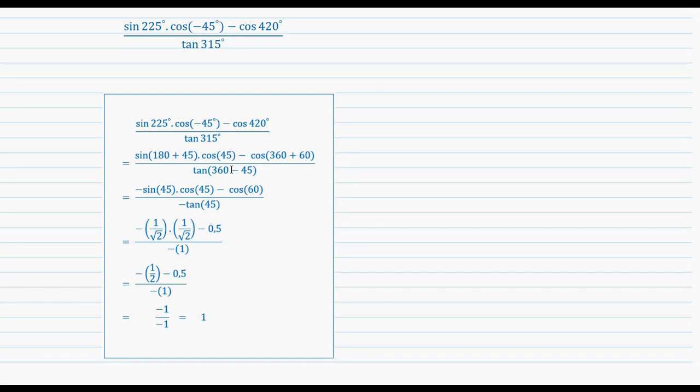So how you would know which one is closer to is by seeing whether the number is above or below the halfway point. The halfway point between 180 and 360 is 270 degrees. So if the number is less than 270 degrees, then you rewrite it in terms of 180. And if the number is greater than 270 degrees, it means it's closer to 360, and you should rewrite it in terms of 360 degrees. So since 315 is greater than 270, that's what we did in this case. And I rewrote it in terms of 360 degrees.